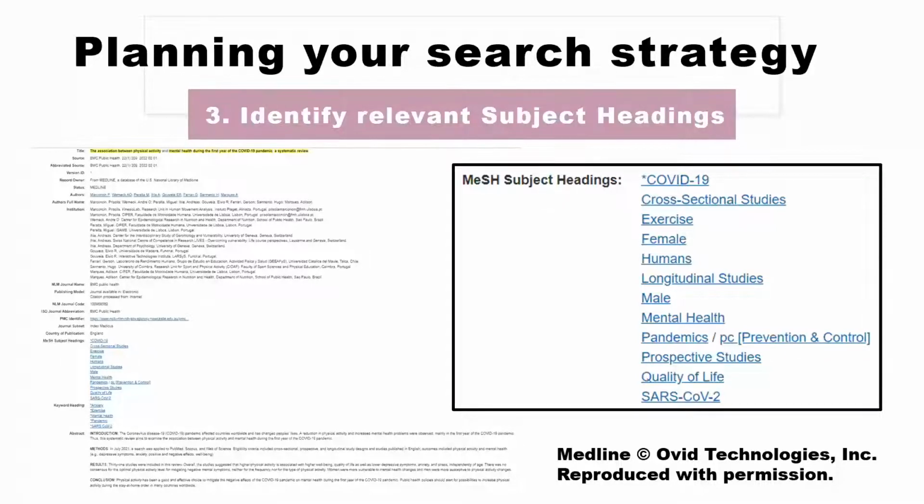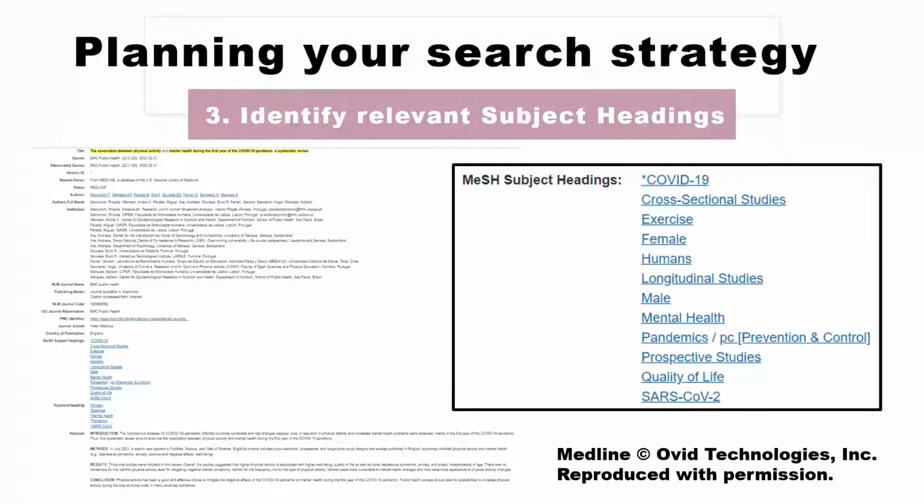They record lots of interesting things about the systematic review: the title, the authors' names, what journal it was published in, and everything. But one of the value adds that a database gives is these subject headings.